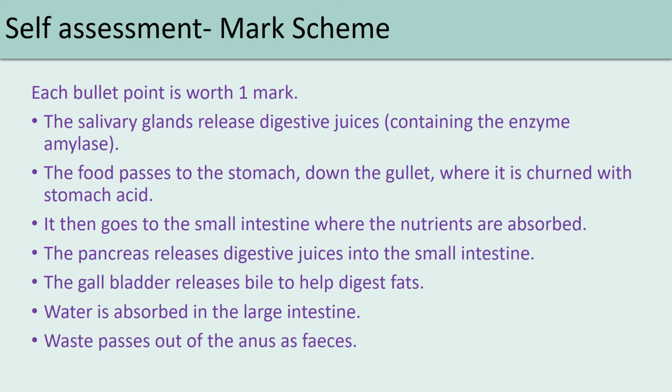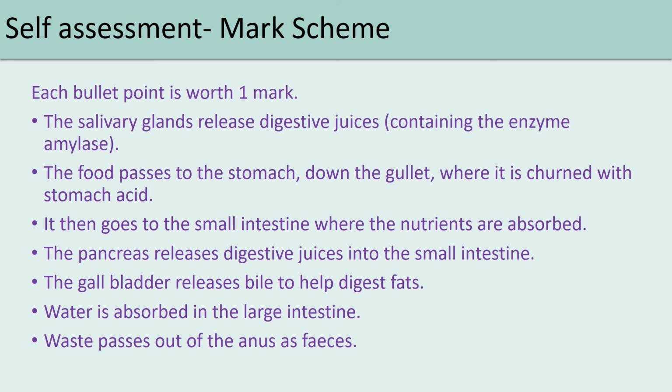Either one of those, talking about what's happening in the mouth, would be worth a mark. If you said that the mouth breaks down food to give it a larger surface area, that also would be a separate mark. You might have then said the food passes to the stomach down the oesophagus or the gullet.